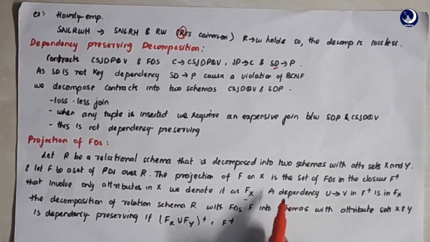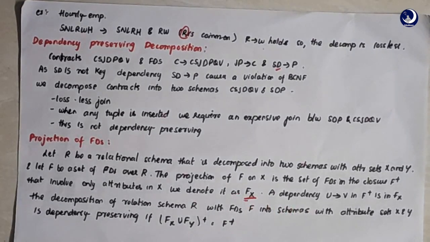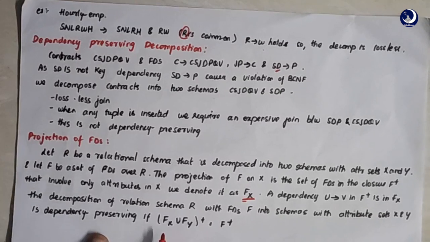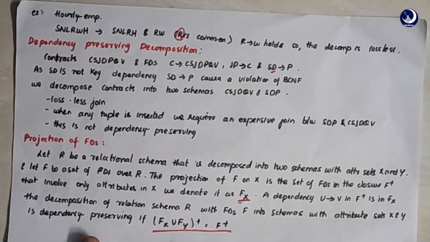So what is Fx? Projecting the FDs in the closure onto the attributes in X is symbolized as Fx. A dependency that U determines V in F closure is in Fx. The decomposition of the relational schema R with the FDs F into schemas with attribute sets X and Y is dependency preserving if and only if this condition is satisfied.